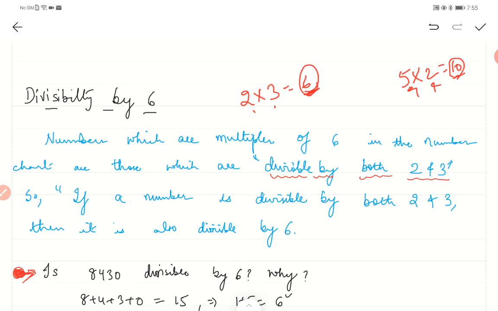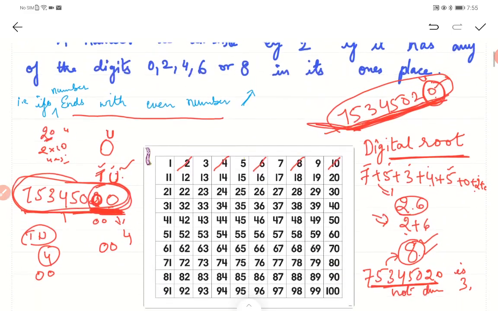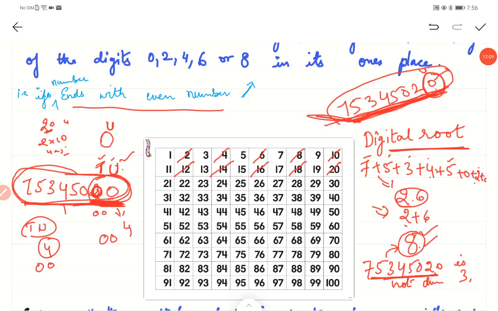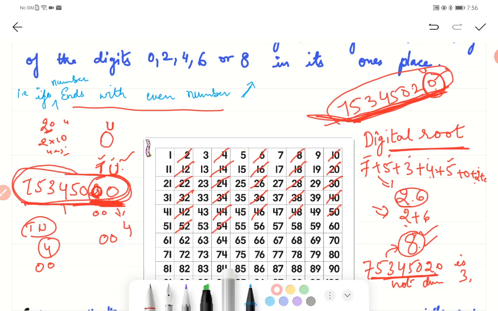Or you can say, see, if you check in this chart, what I'm doing is I'm just taking all the multiples of 2 and crossing them with a red pen, a red ink. So 26, 28 come under the 2 table, 30, then 32, 34, 36, 38, 40, 42, 44, 46, 48, 50, 52, 54, and so on.